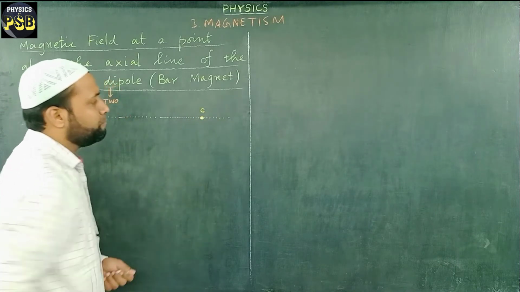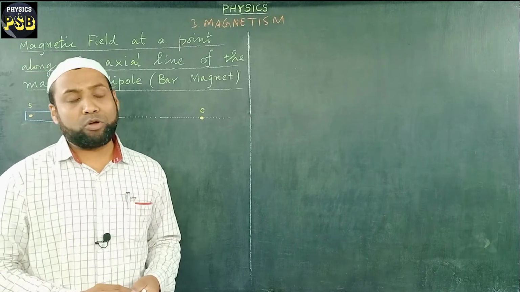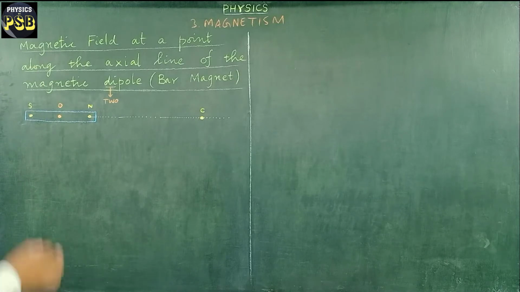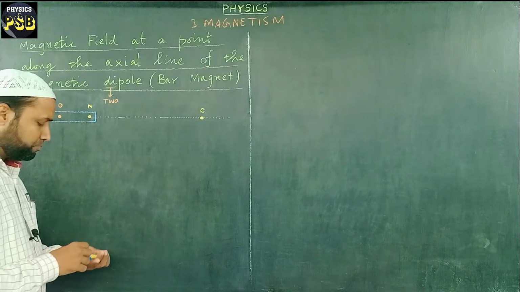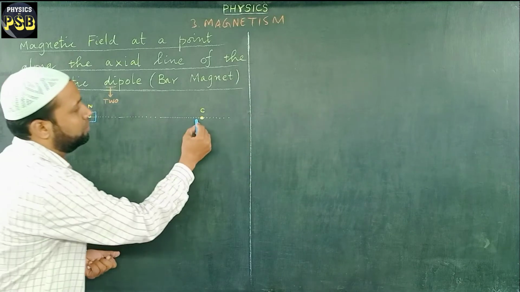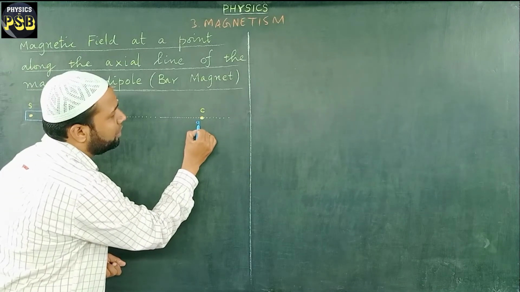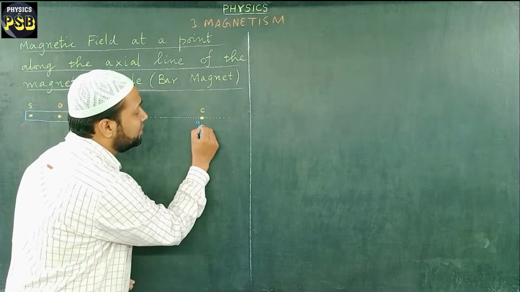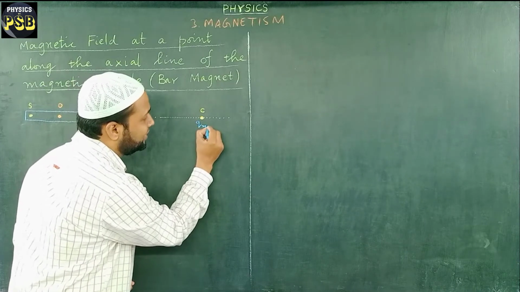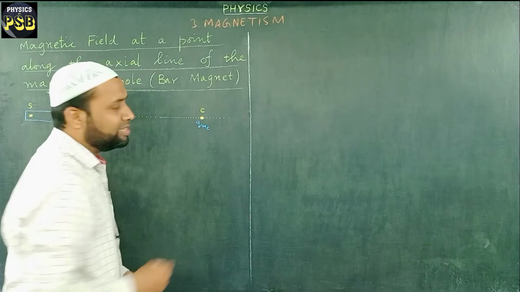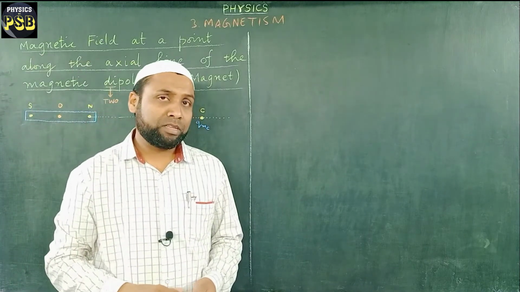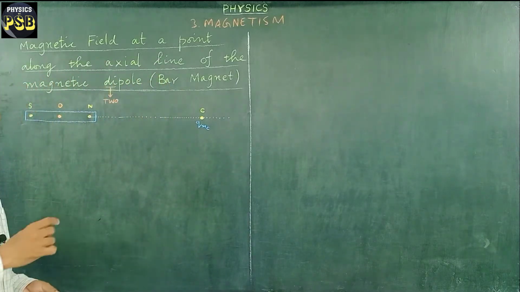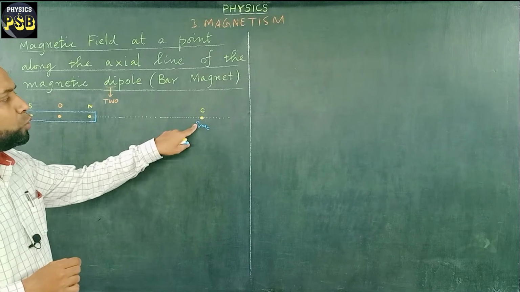Now at point C, I am going to find out the magnetic field. For that, I place a unit north pole of magnetic strength QMC. Here at point C, I have placed a unit north pole whose magnetic strength or pole strength is QMC.